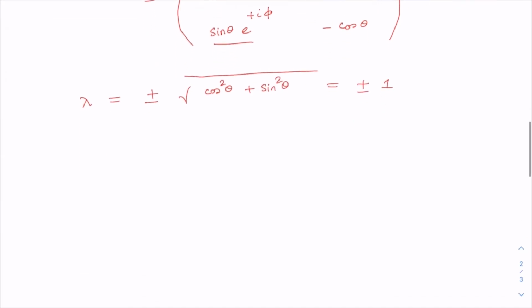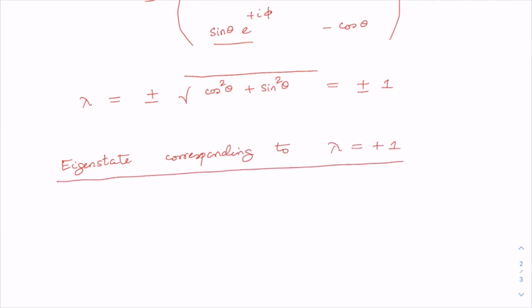Now let us find out the eigenstates corresponding to lambda equal to plus 1. So let us work it out.